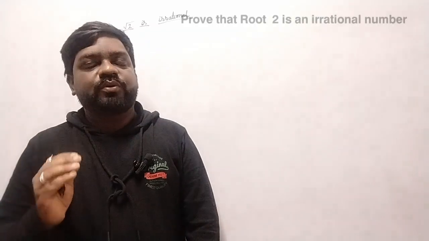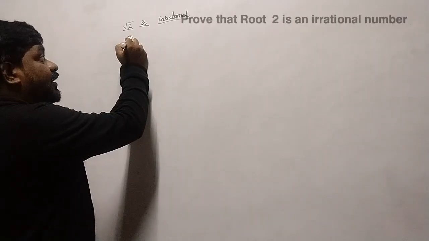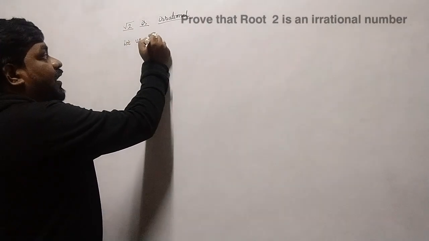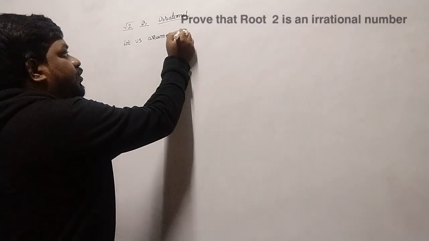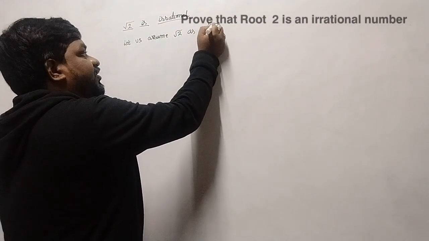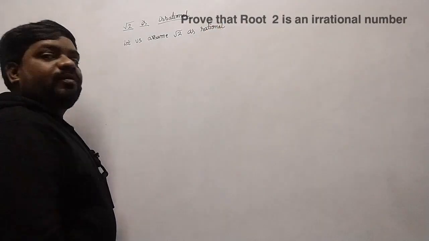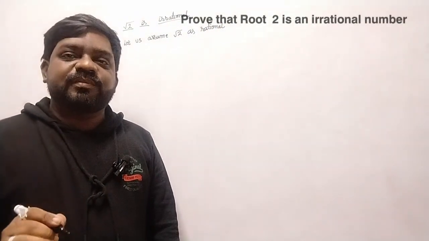So to prove root 2 is irrational, first we need to assume root 2 as a rational number. So first write the statement, let us assume root 2 as rational. Now we have assumed that root 2 is a rational number.